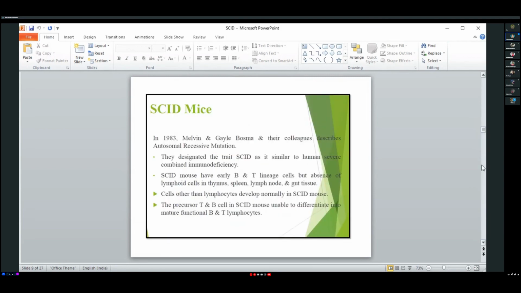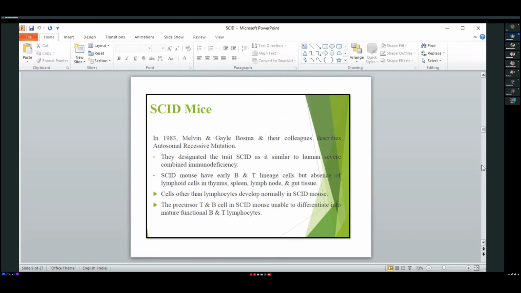So you can understand the importance of SCID mice in molecular biology and immunological research. In 1983, Melvin and Gail Bosma and their colleagues first described this autosomal mutation in the scid mice, which was developed in the lab.